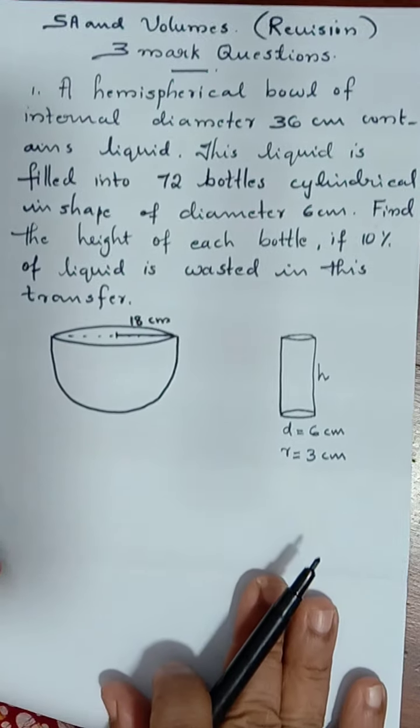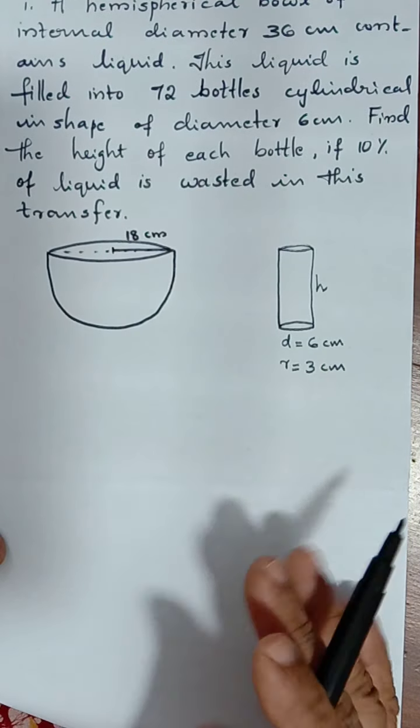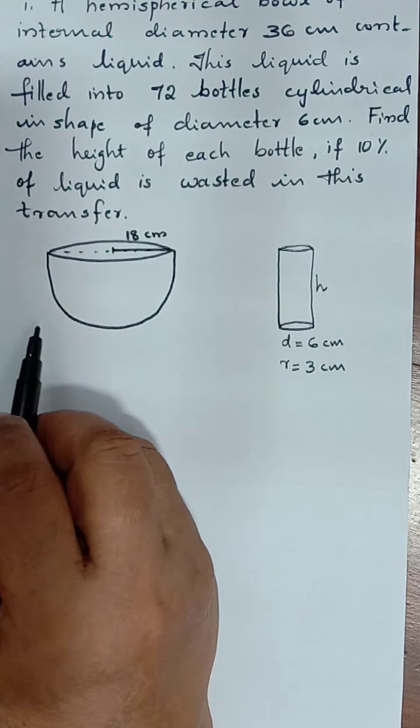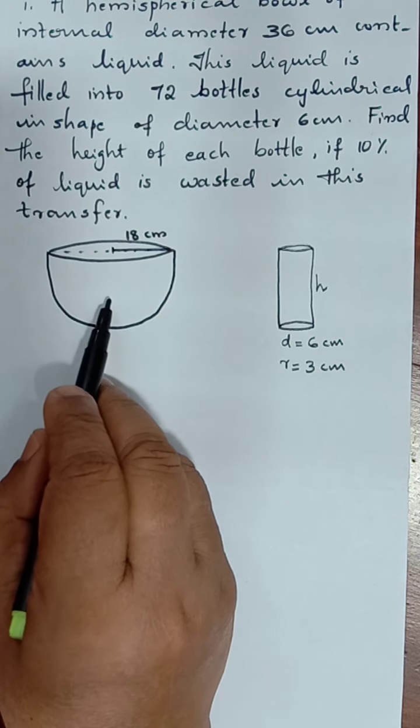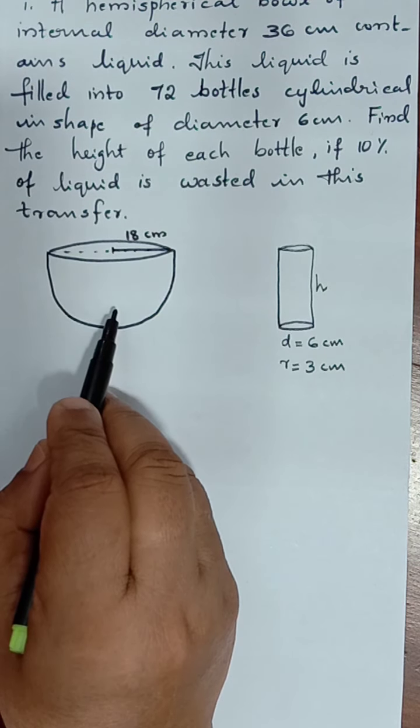So we will write the step as 90% of volume of hemispherical bowl is 2 by 3 pi r cube, everybody knows.